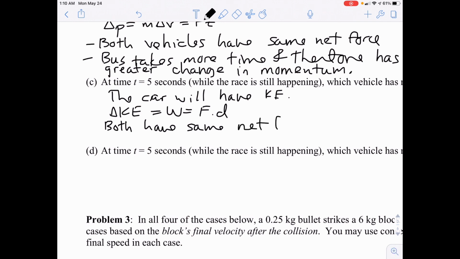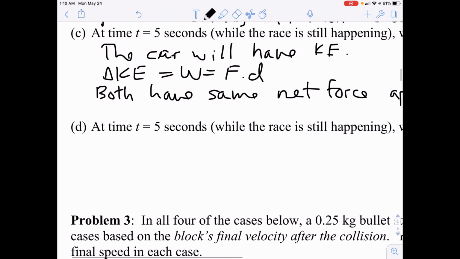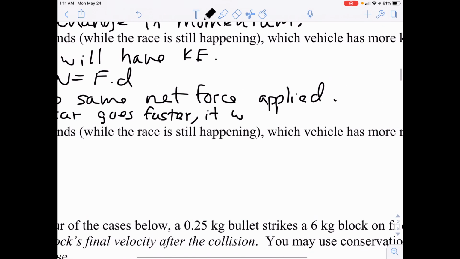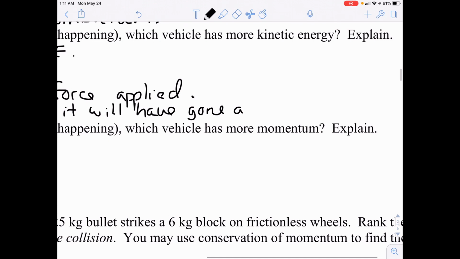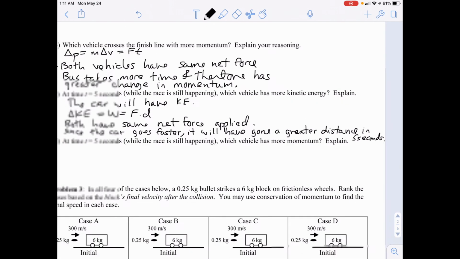Now, they both have the same net force applied. However, since the car goes faster, it will have gone a greater distance in 5 seconds.